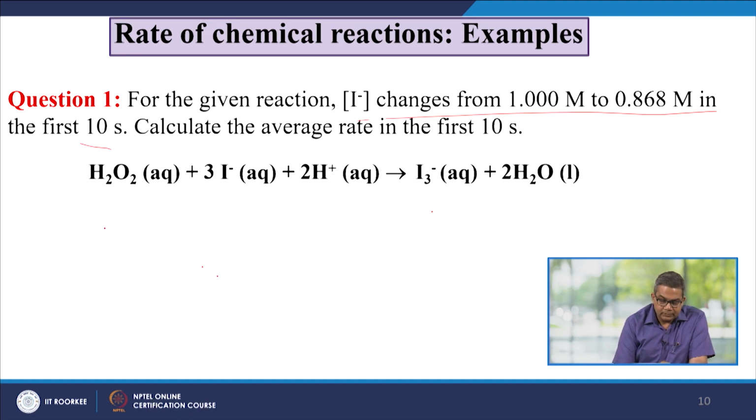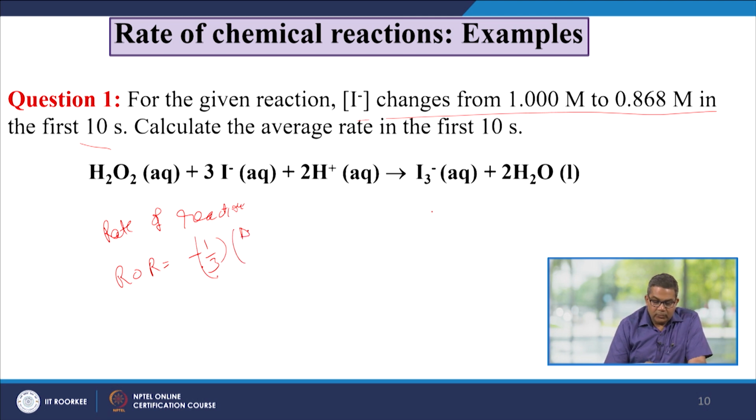So, the rate of reaction, with respect to the iodine ion concentration, is the change in concentration over delta T. This comes out to be minus 1 by 3 into 0.868, which is given, which is the final concentration required, minus 1.0 over 10 seconds.